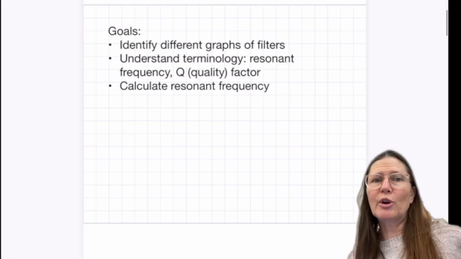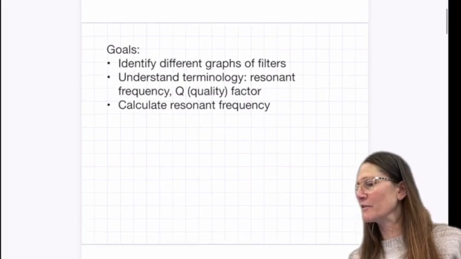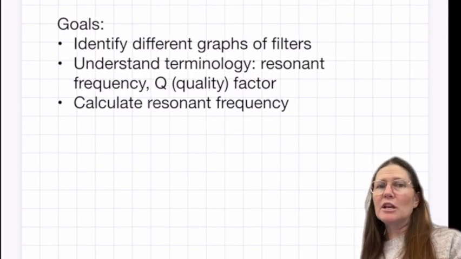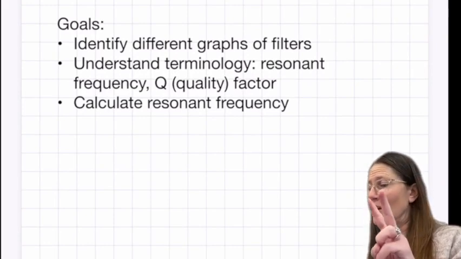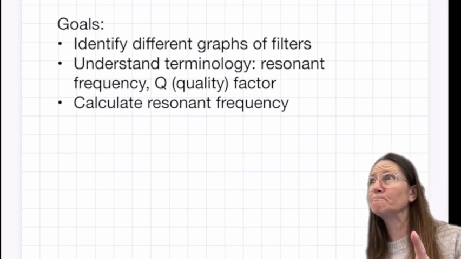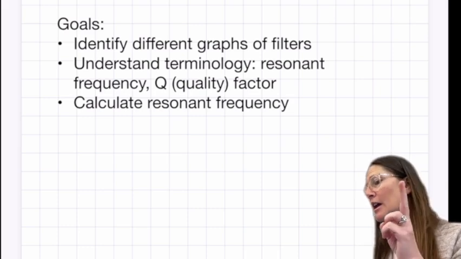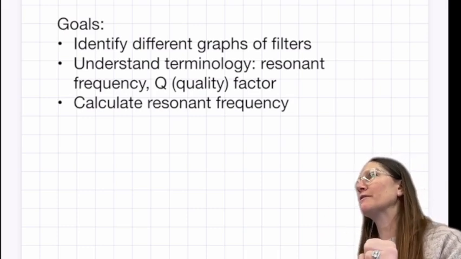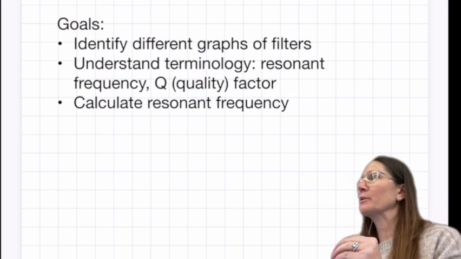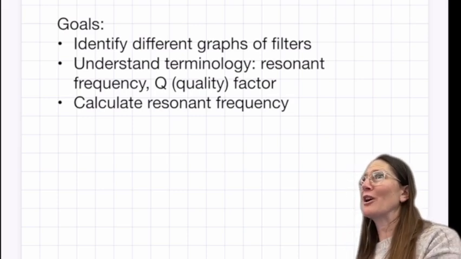So the goals today: identify the different graphs of filters and understand the terminology. The main 2 terms you're going to want to know are resonant frequency, and Q, which is called the quality factor. And then we're going to look at calculating resonant frequency for an LC oscillator.